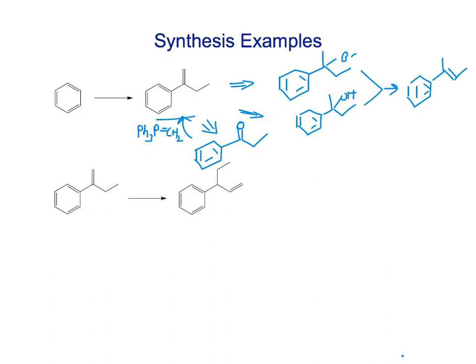And then of course this ketone, this acyl group attached to the benzene ring, we can easily make by how, you remember, we can do just a Friedel-Crafts acylation. Okay, that does that in one step.